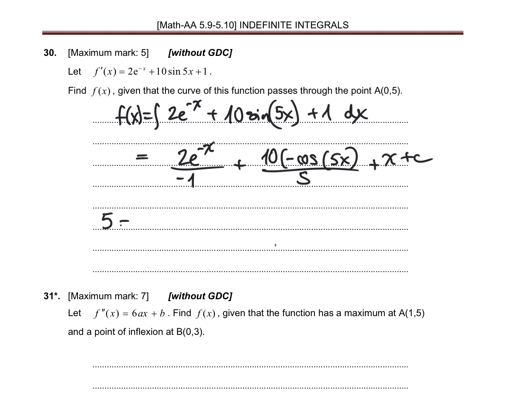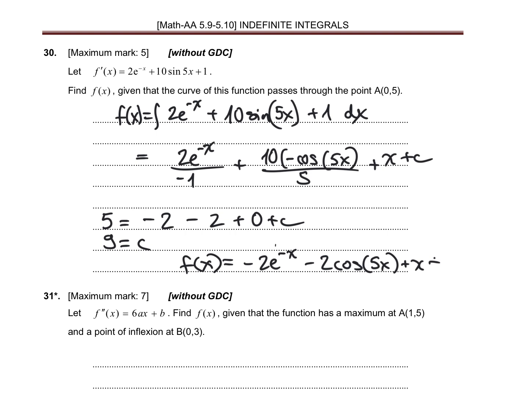And then we have 5 equals, e to the 0 is 1, so we're going to have negative 2 here, plus, actually minus 2, and then 10 over 5 is 2, cosine 0 is 1, so just that, plus 0 plus c. So that's negative 4, so plus 4 over is 9. So our function is f of x is negative 2e to the negative x minus 2 cosine 5x plus x plus 9.